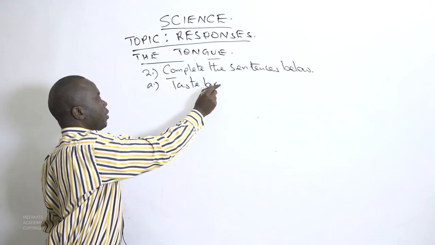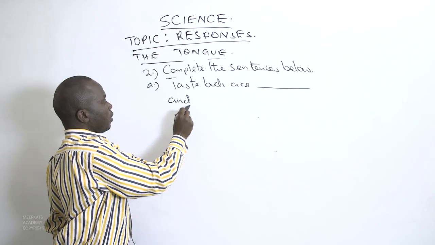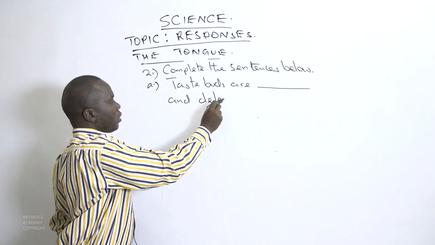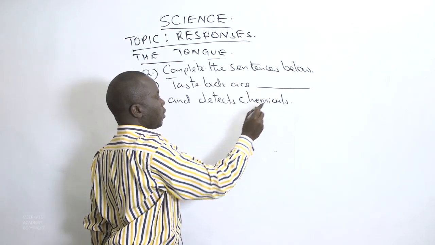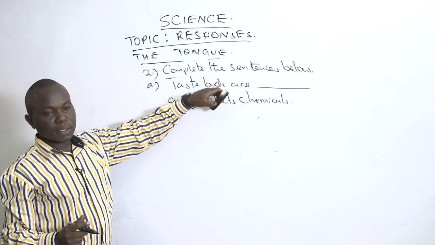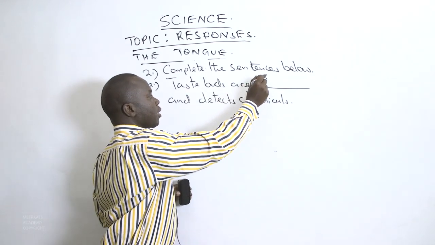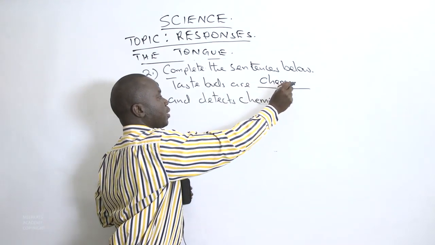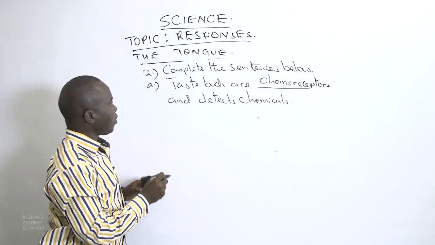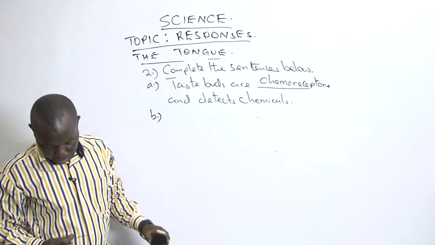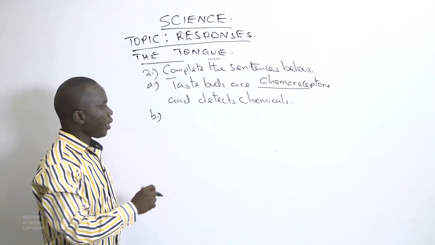Test pads are dash and detects chemicals. So we have said test pads, they usually test chemicals. So those cells that test chemicals, we have said they are given this name, chemoreceptors. They are chemoreceptors. B, test pads at the back of the tank detect dash tests.